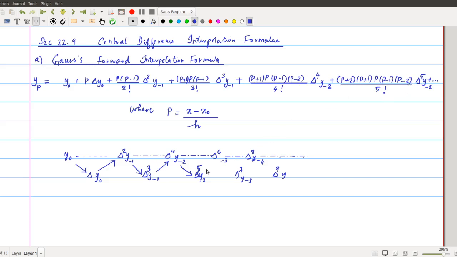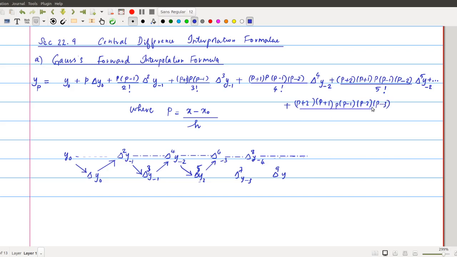Then for the next term we add one more term on the right, and one more on the left, so that will be (p plus 2), (p plus 1), p, (p minus 1), (p minus 2) and (p minus 3).